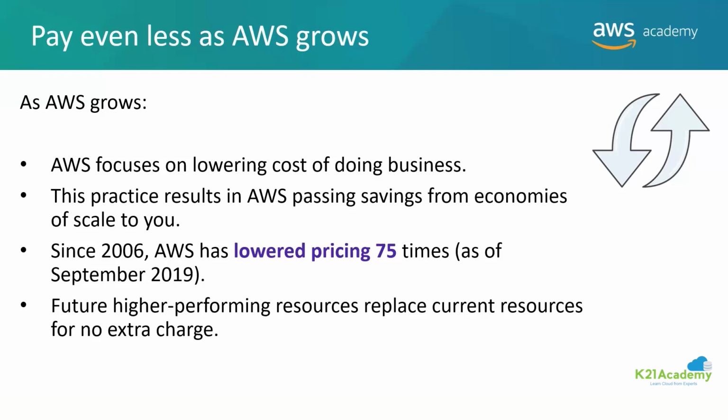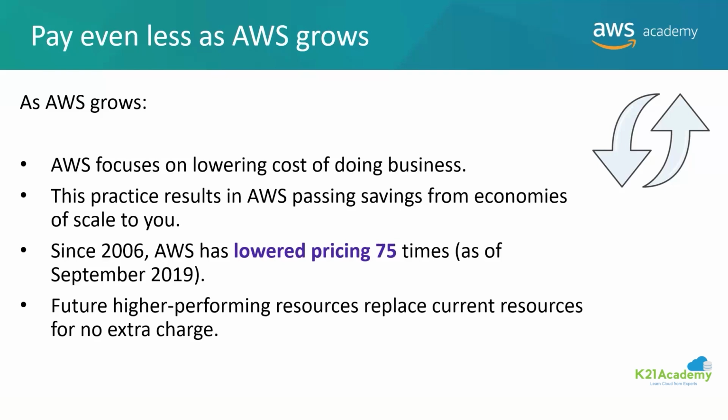So with this optimization and the growing economies of scale of AWS, the result is that since 2006, AWS has lowered its prices most of the time. Another AWS benefit is that whenever they grow, they're also adding higher performance resources in their data centers, so you will also get more optimized hardware.